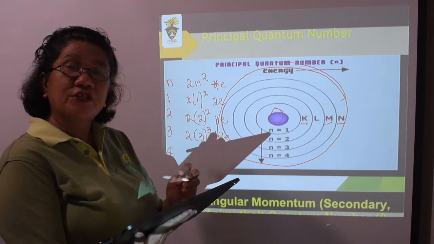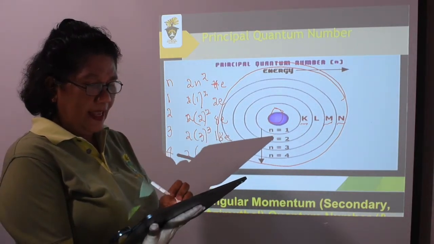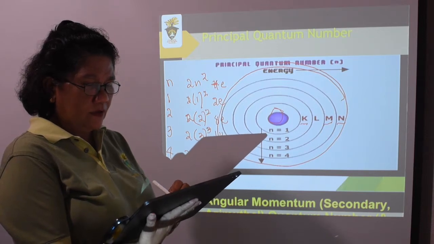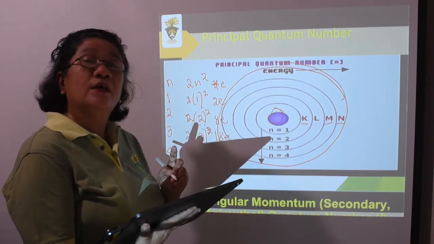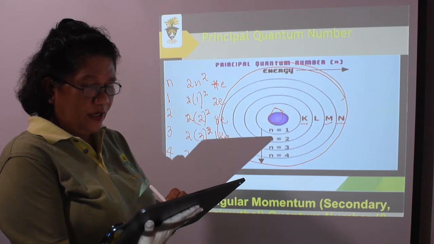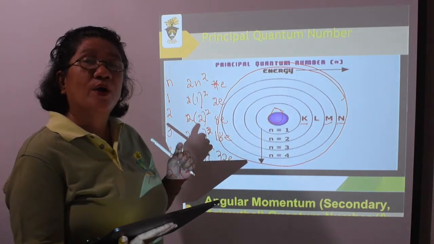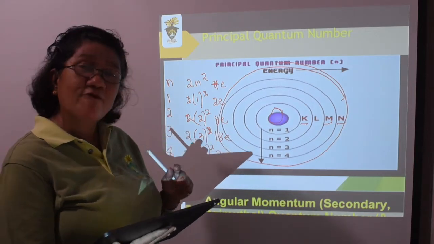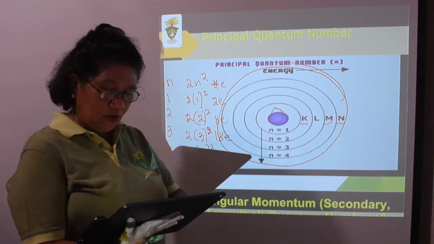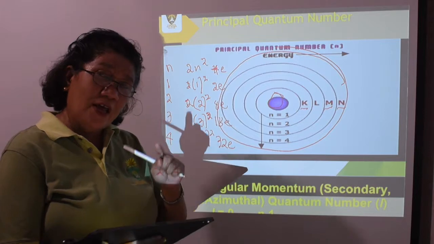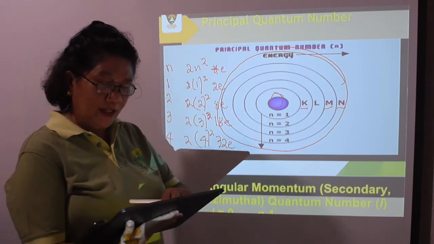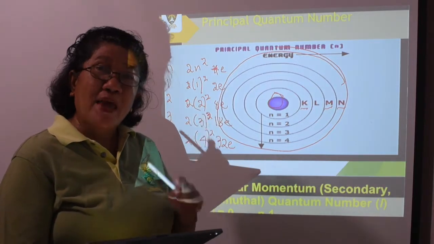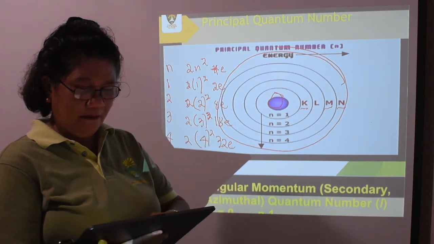For the fourth energy level, 2 times 4 squared, 2 times 16, is 32. That is how we compute the number of electrons in every principal quantum number. Do you understand now what the principal quantum number is, as the main energy level, or main shell?